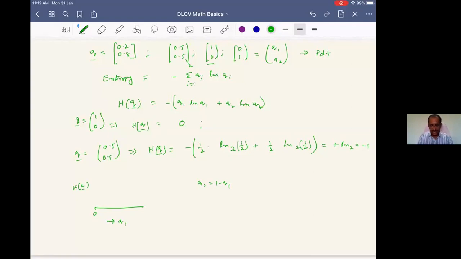So when do you think the entropy is highest? Q1 can take values from 0 to 1, as you know, so it is 0.2, 0.4, 0.5, 0.6, 0.8, and so on. When do you think the information content in Q is the highest for these values of Q1?